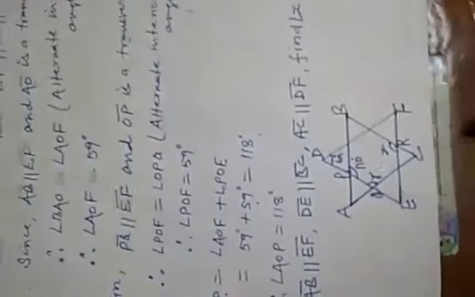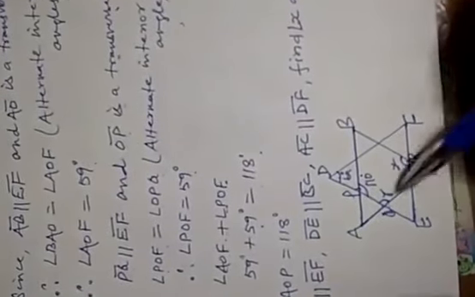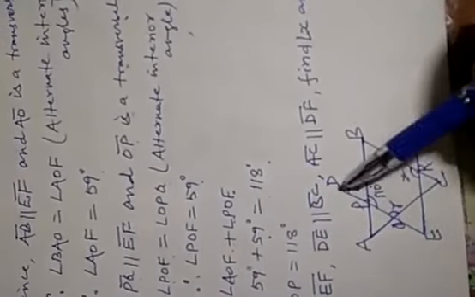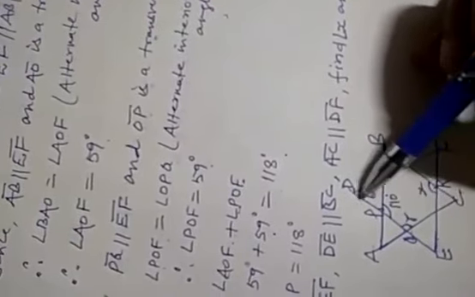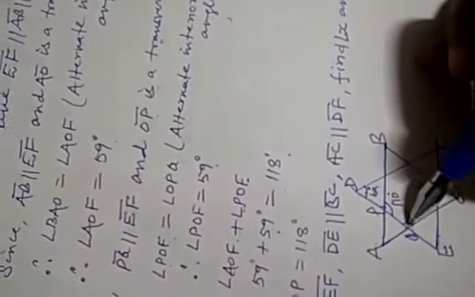In this figure, AC is parallel to DF and DQ is a transversal.